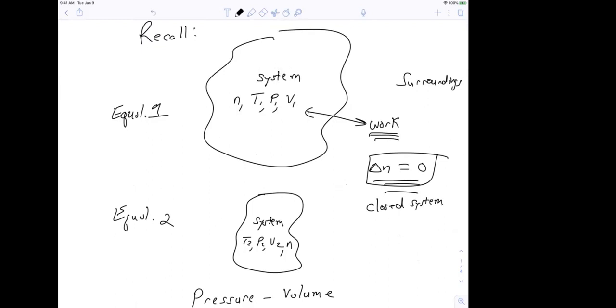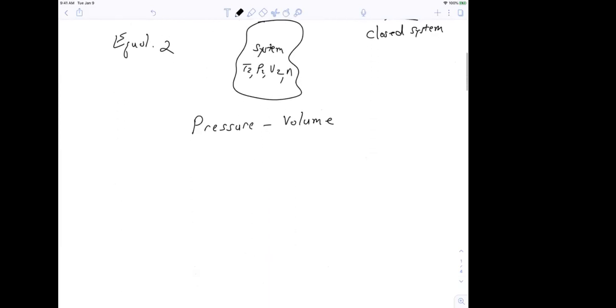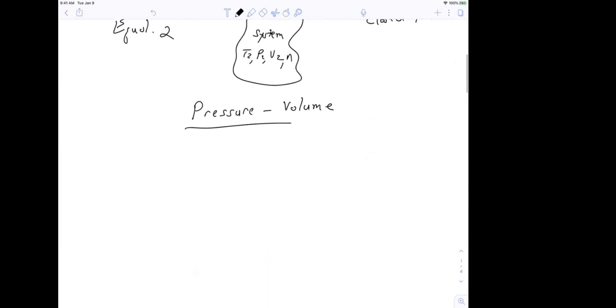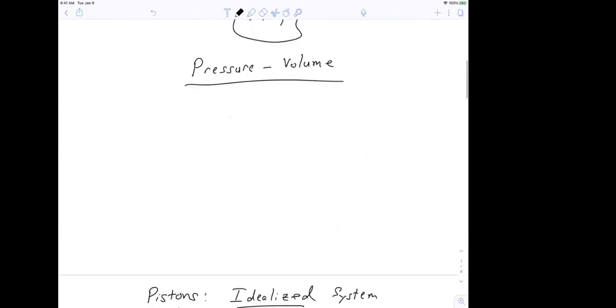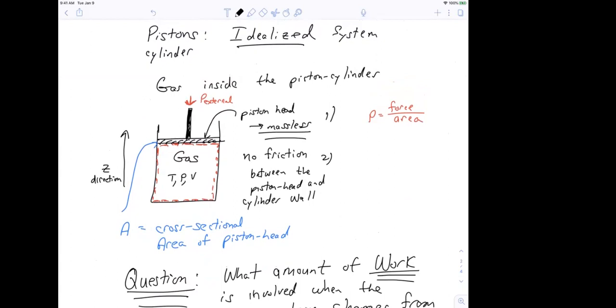For now, we'll let this constraint relax later on, because of course we know that chemical reactions involve delta N not equal to 0. And as chemists, we want to treat systems where delta N is not equal to 0. Okay, and the type of work we're going to discuss is pressure volume work. And so the system that we set up was this idealized piston cylinder system where you have a gas and it's at equilibrium initially.